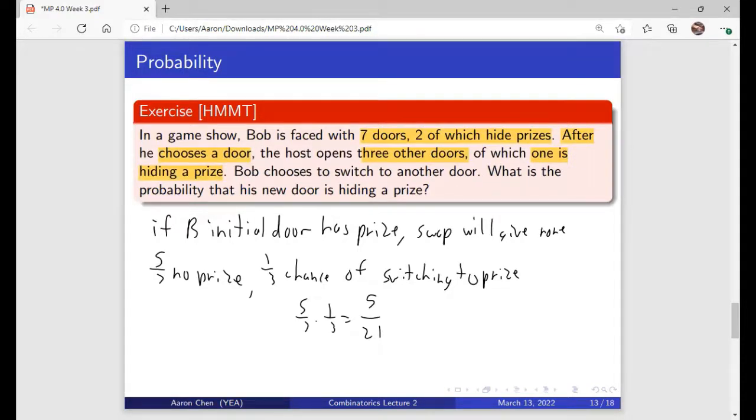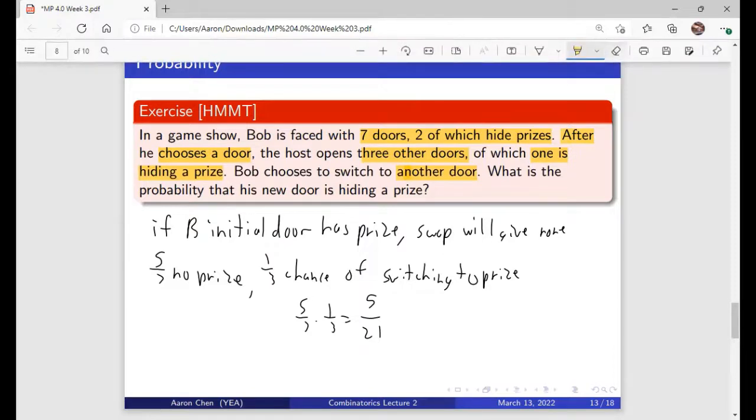And so obviously Bob cannot switch doors to one that is open. And so Bob chooses to switch to another door, obviously one that's closed. And so what's the chance that his new door is hiding a prize?